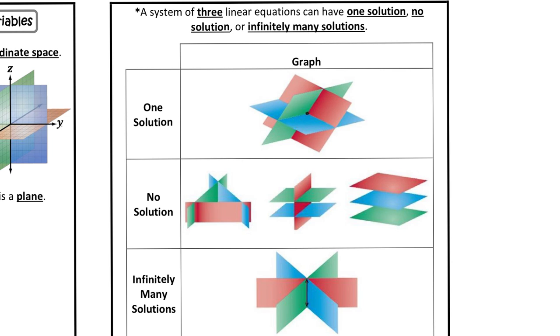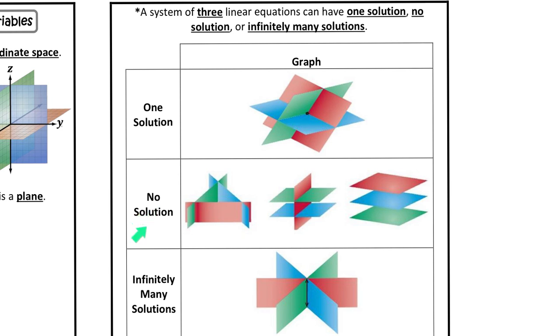We have a green plane, a blue plane, and a red plane, and all three meet at this one location. All colors intersect at that one location.